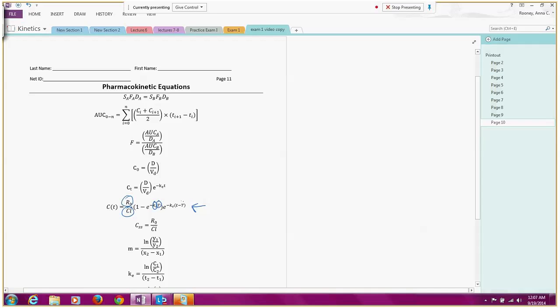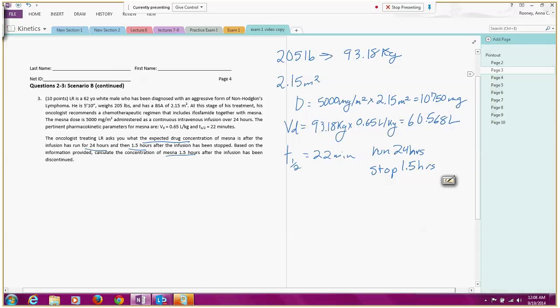We know the time between the end of the infusion and the time later is 1.5. So we need to find just KE, our rate of infusion, and clearance. So let's do that because we now know what equation we're using.